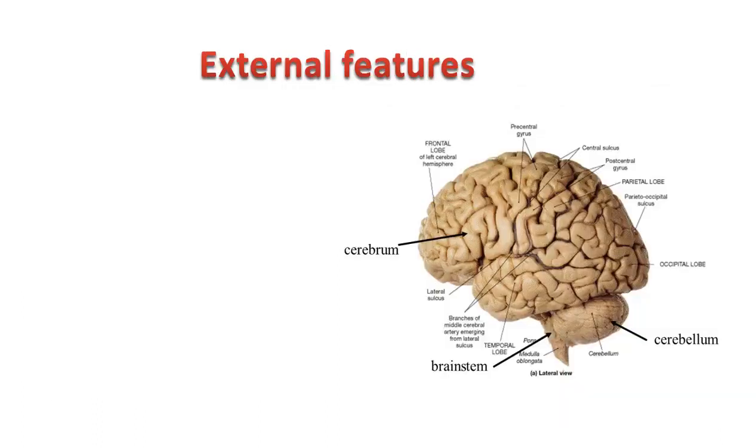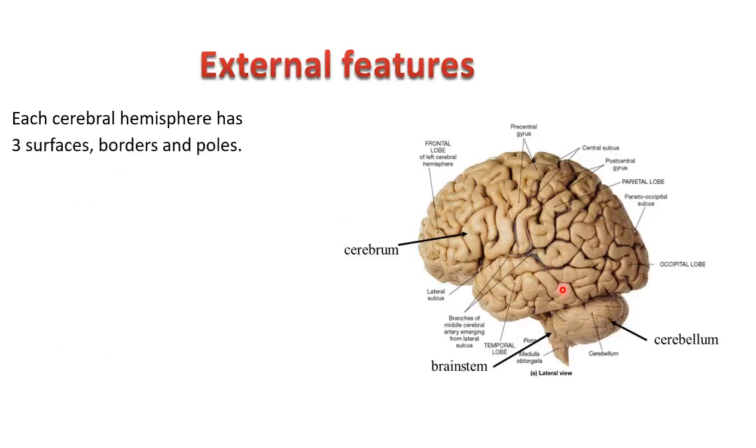Now what you are able to see, again, is the superolateral surface of the cerebral hemisphere, and each cerebral hemisphere, as I told you, has three surfaces. Mainly only one surface you can see here. The other surface is behind, and below you have one surface. So three surfaces, and you have three borders and three poles or ends.